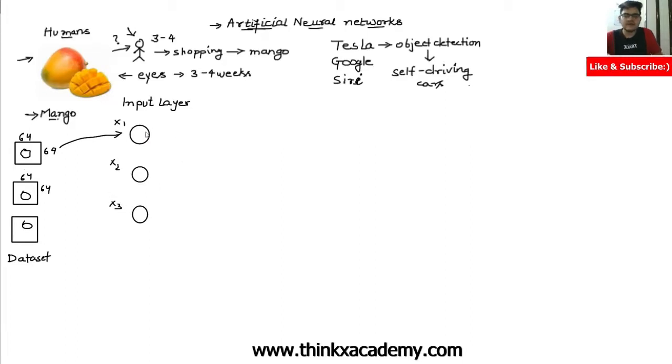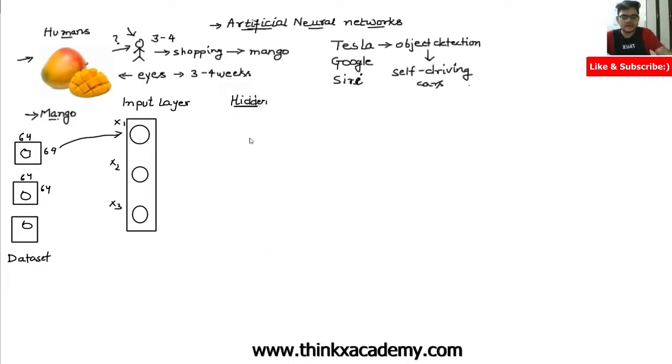So this is the input layer where we just supply the input values to the neural network, and from here the neural network will use this input layer to do the further evaluation, which is the hidden layer. After getting all the inputs, it will move to the hidden layer.